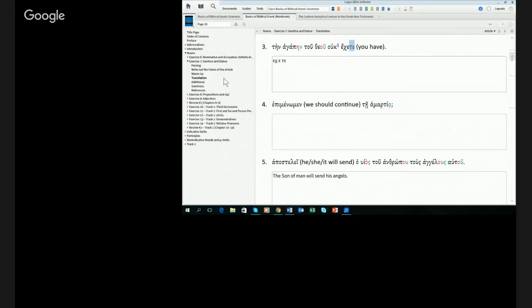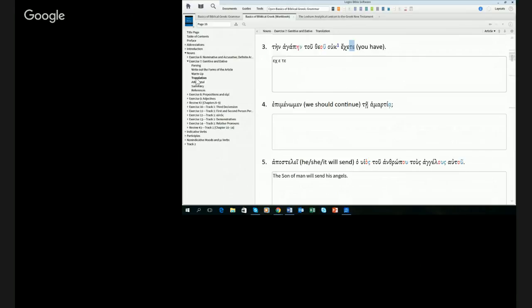Tu theu, second declension from the omicron stem vowel. Upsilon is the genitive singular case ending. The article tu is genitive singular. Is it masculine or neuter? Only way we can know is if we know that the root is theos, and theos is masculine. So this is genitive, masculine, singular. What the genitive does is it establishes a relationship between two nouns.